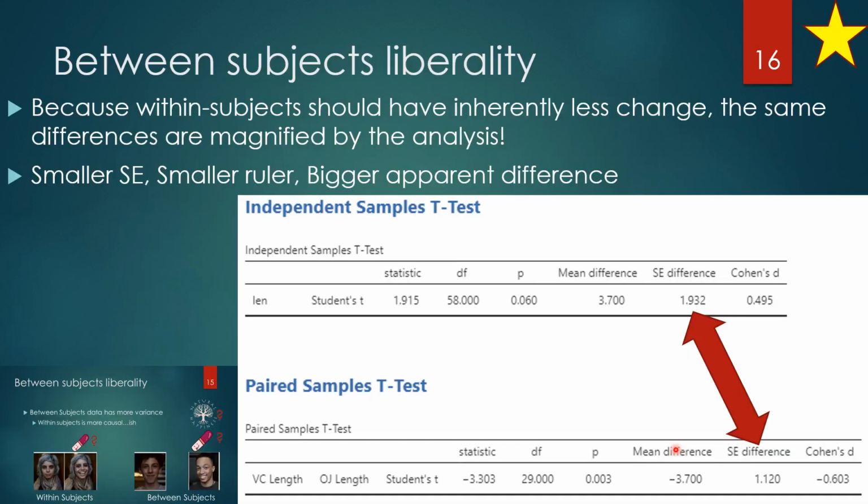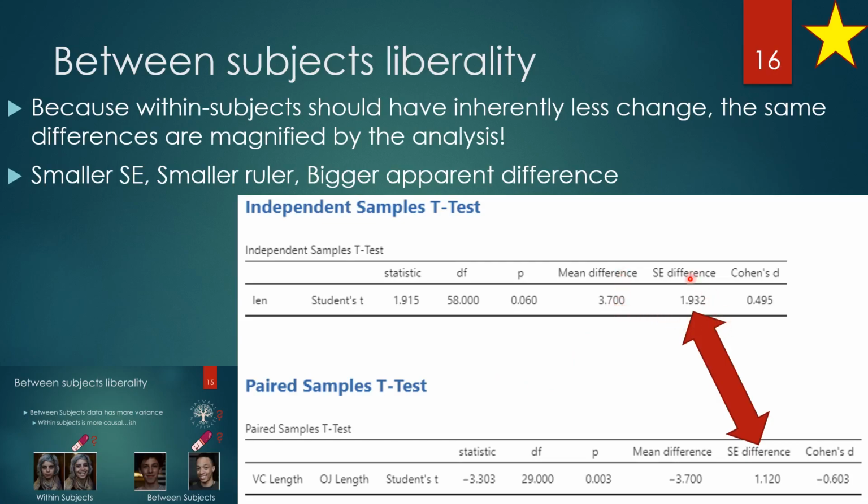And here is the data for the differences between a between and within subjects, or a paired samples and an independent samples t-test. The long and short of it is when you do a paired samples t-test, your result is going to be a little bit more significant than it was for the independent samples t-test.